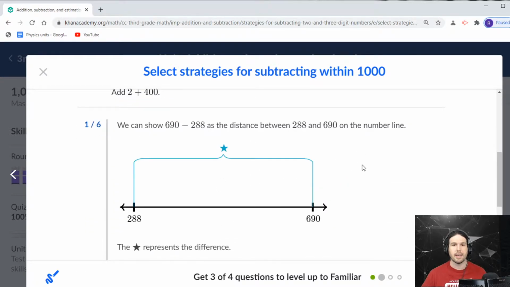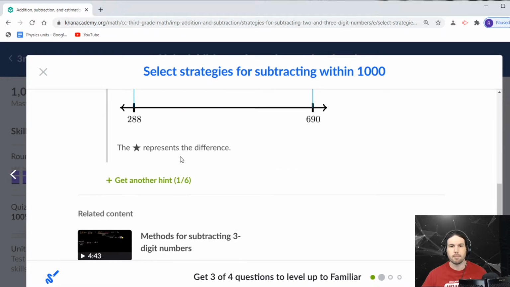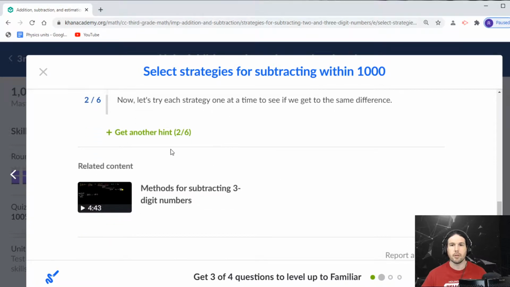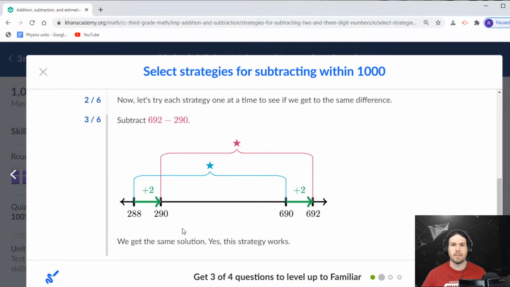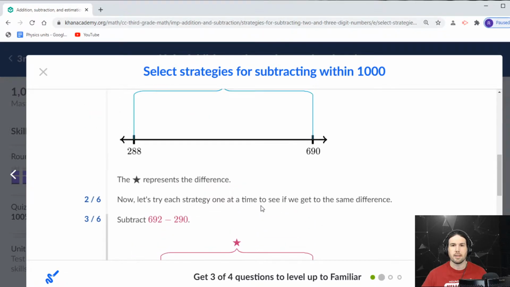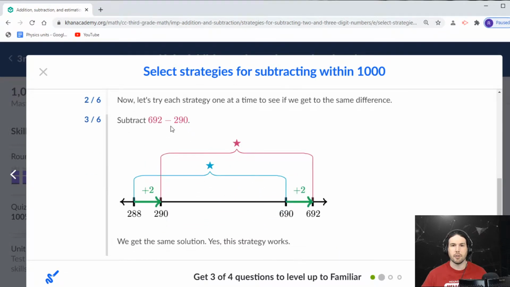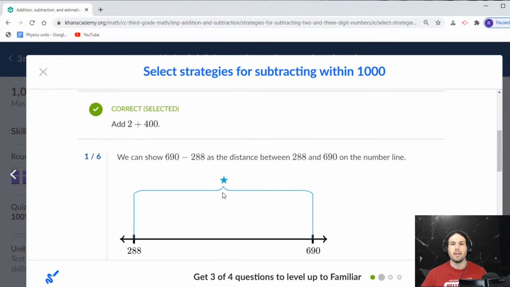So I am getting a hint. Yeah, I know about the number line. That makes sense to me. Let's try strategy 1 at a time and see if we get the same difference. Okay. 692 minus 290. Oh, okay.